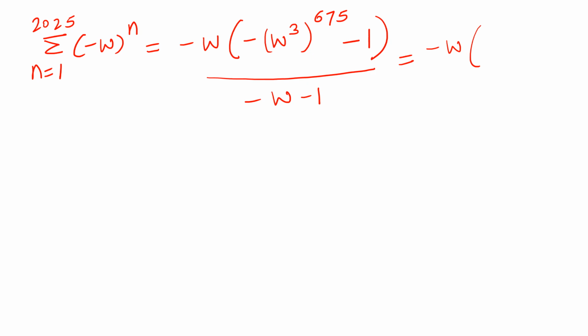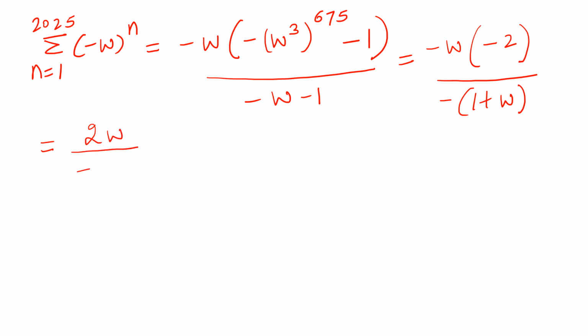Now it is minus 1 minus 1, which becomes minus 2, whole divided by, taking minus common, inside the bracket 1 plus omega. Now it becomes equal to 2 omega divided upon minus of minus omega square, because 1 plus omega is equal to minus omega square.